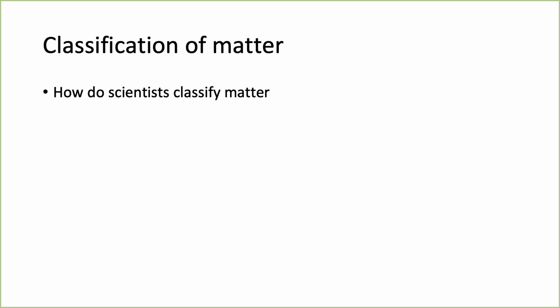Now let's figure out how to classify matter. When we look at classification of matter, we've got to look at some properties and say, okay, this is how we're going to separate matter into different groups. Chemistry occurs, and the fun part about chemistry is like, oh, this compound doesn't fit any groups. What's going on? It may be based on reactivity, it may be based on color, all that stuff.